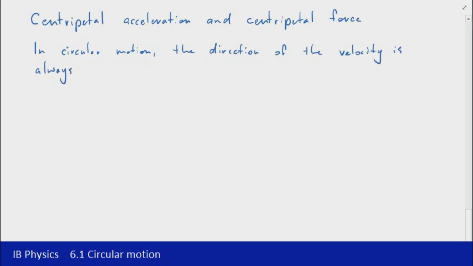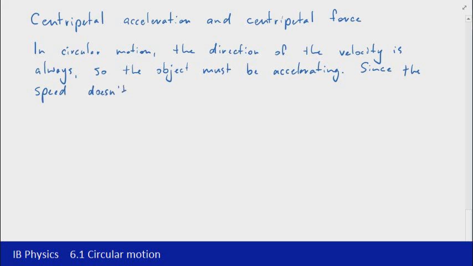And as we know with velocity, a change in velocity means that the object is accelerating. If we consider this scenario that we started out with in the previous video, since the speed doesn't change, that must mean the acceleration is in a direction that doesn't cause a change in the speed, only a change in the direction.